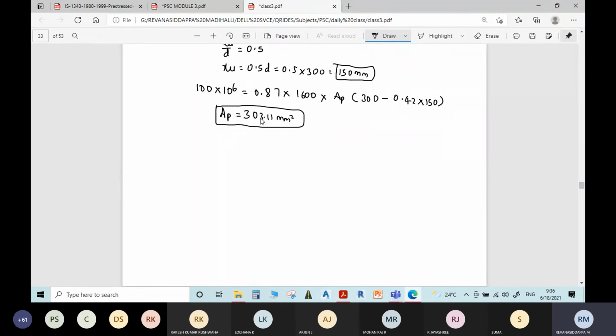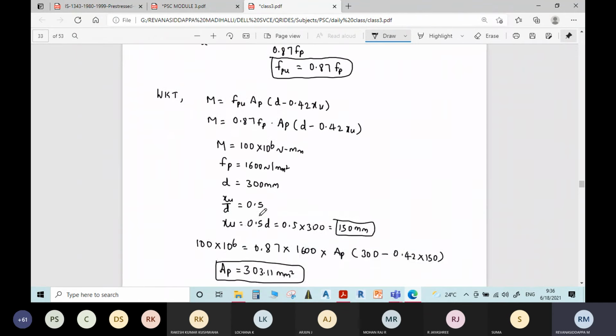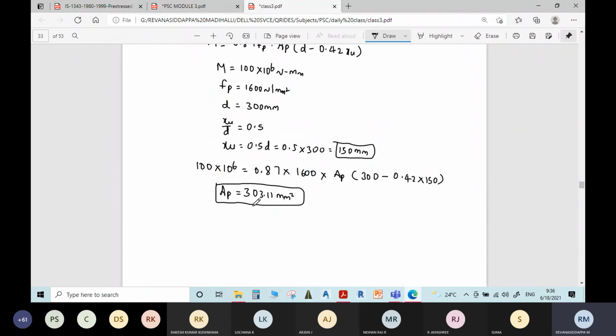Okay, so we came to know what is the section to be adopted and what should be the area of pre-stressing steel incorporated into the section. This completes the design. That's it.